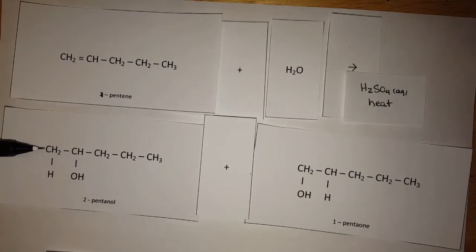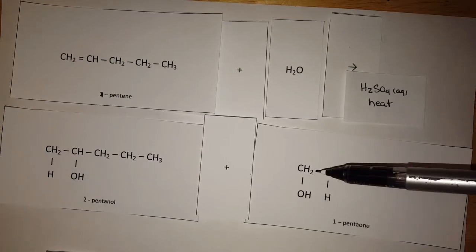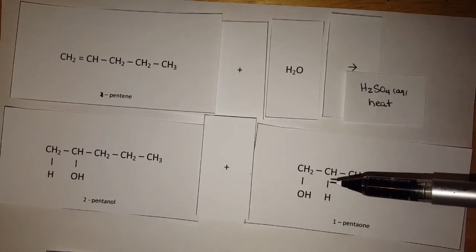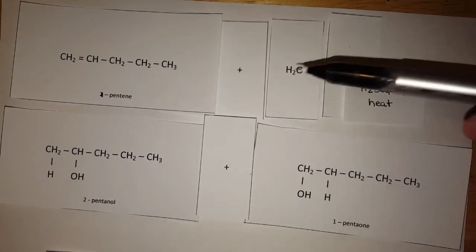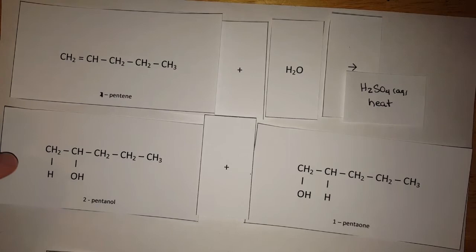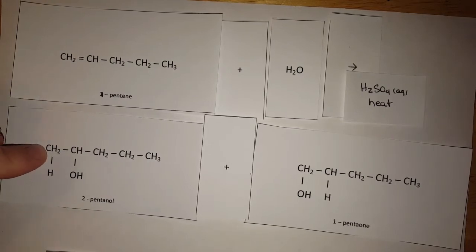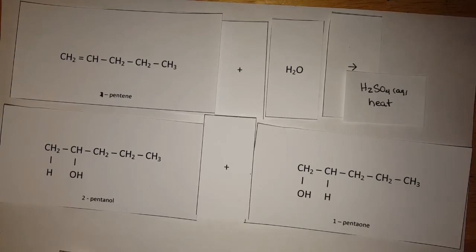So this carbon has two hydrogens already. This one only has one. This carbon is more likely to get the hydrogen. So this is my major product, because this is the carbon that has more hydrogen, and we're putting the hydroxyl group on the other. This would be my minor product. So in this reaction, I would first do an addition reaction, and then I would take the major product of this reaction, and I would have it undergo a second reaction with an oxidizing agent.